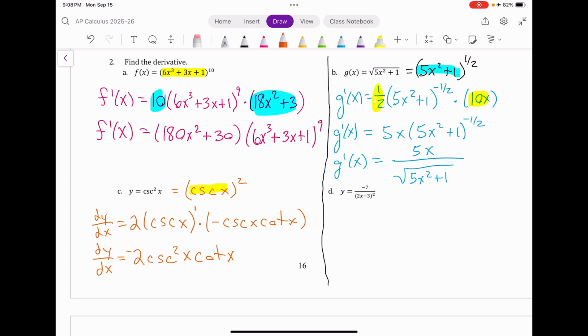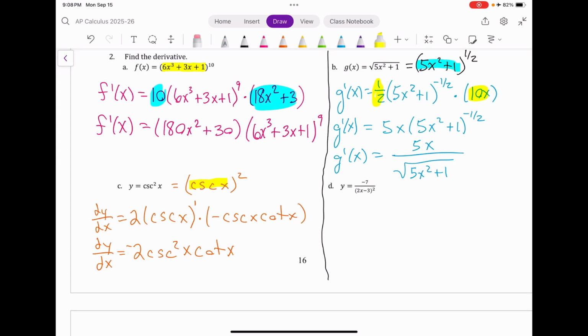All right, and then D, we could use the quotient rule, or we could maybe rewrite it such that we could use the chain rule. So this is negative 7 times 2x minus 3 to the negative 2.